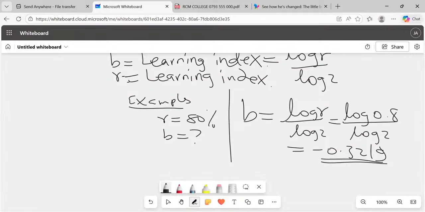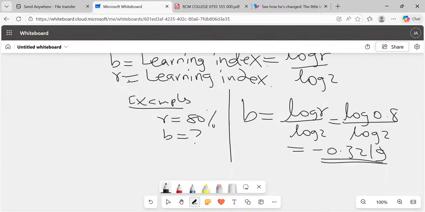Negative 0.3219. And ensure that you are able to see the logarithm, and ensure that all of us, especially Mr. RCM, are able to confirm whether now you get that negative 0.3219. Negative 0.3219. Are we okay now?